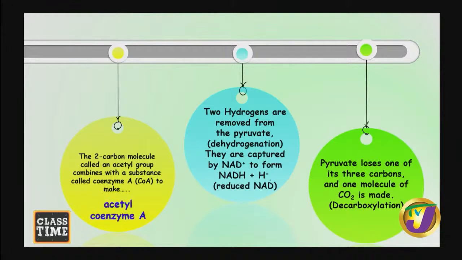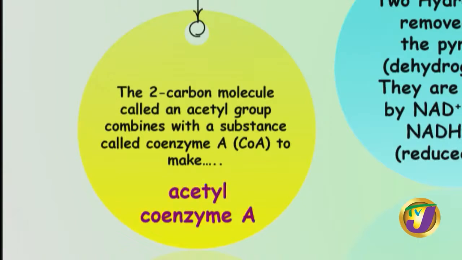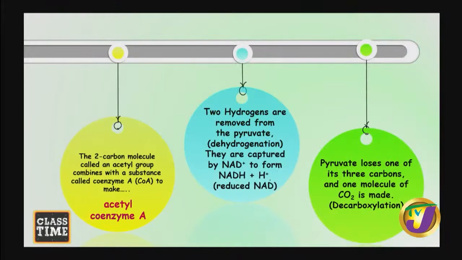Now, I'm going to show you where this acetyl coenzyme A is very important to the whole process of respiration, and the fact that not only carbohydrates can be used for respiration. Typically, you would have heard that fats and other substances can be used. Here we're going to show you how fats or lipids can be used in the process of respiration.